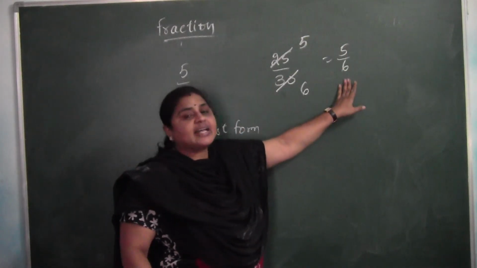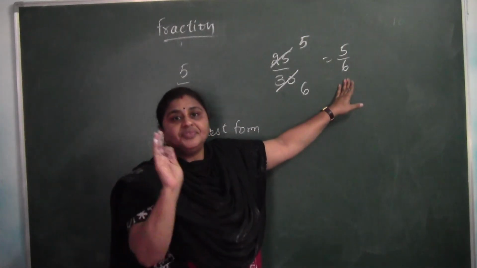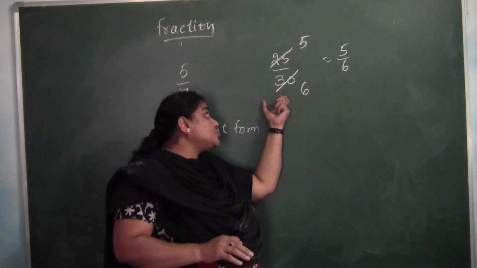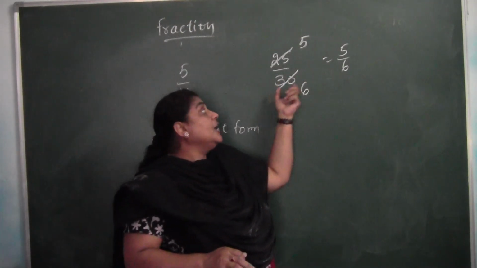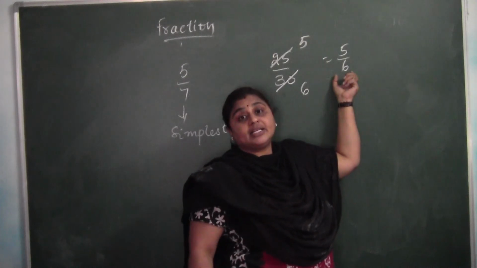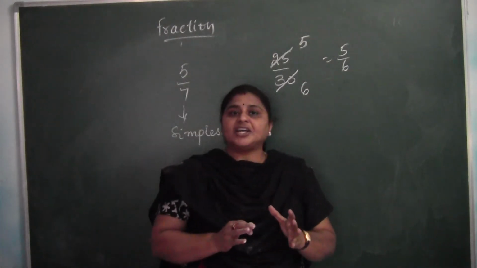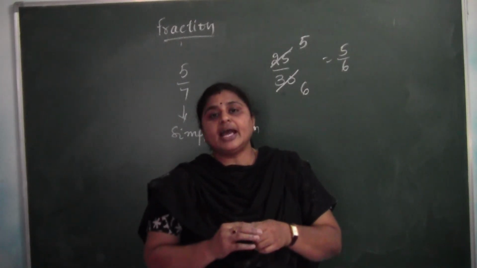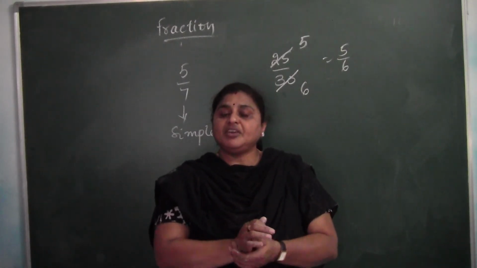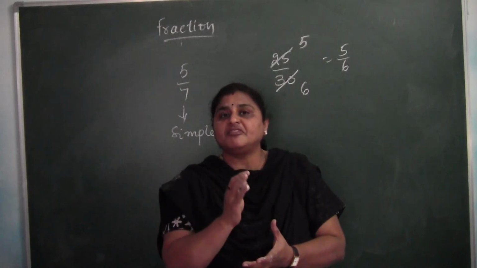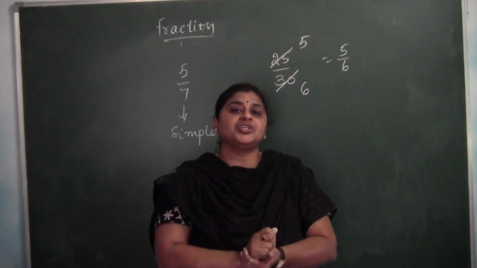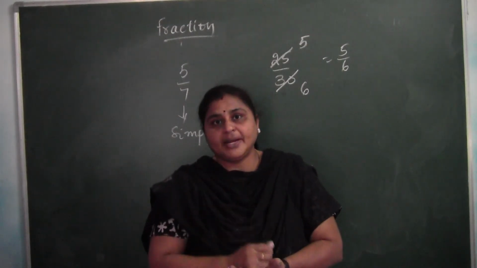Now 5 by 6 has no common factors. Therefore, we have reduced 25 by 30 to its simplest form, that is 5 by 6. If the numerator and denominator of a fraction don't have any common factors, then that fraction is said to be in its simplest form.